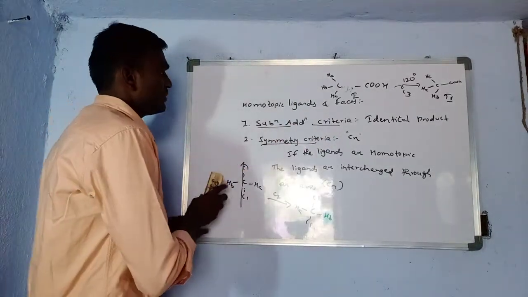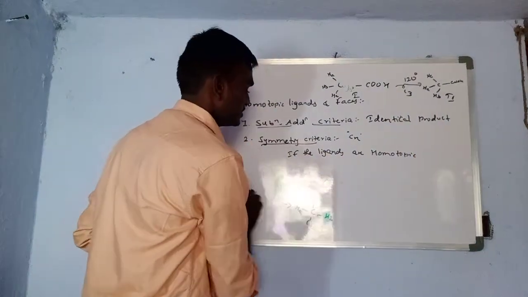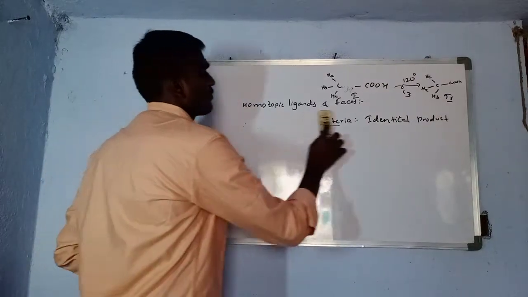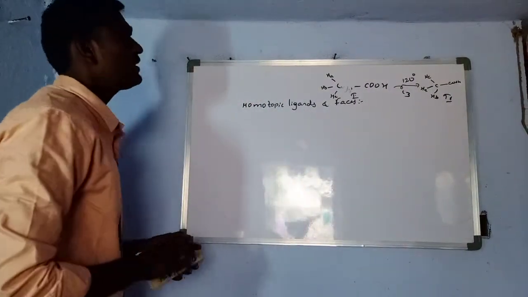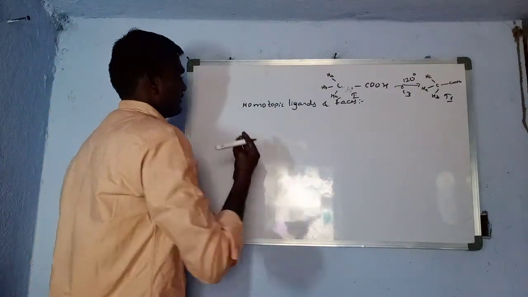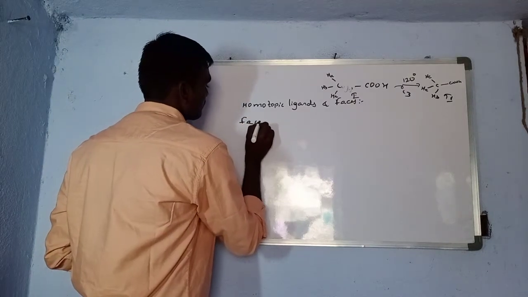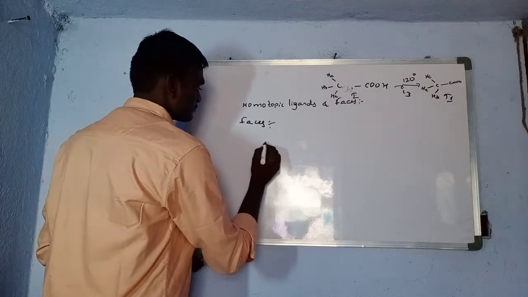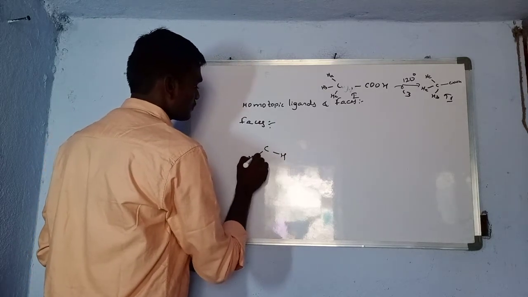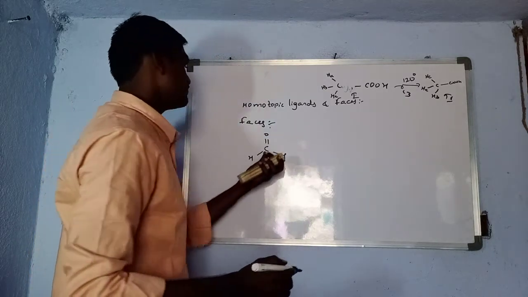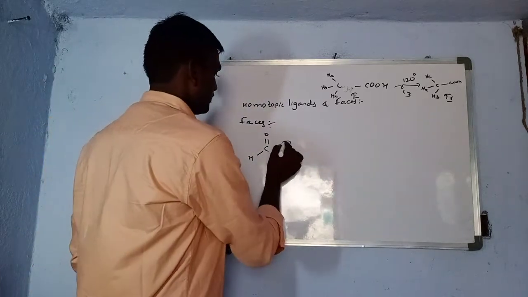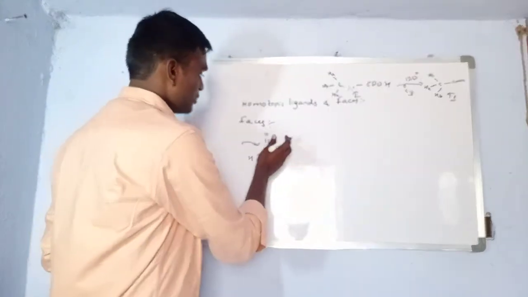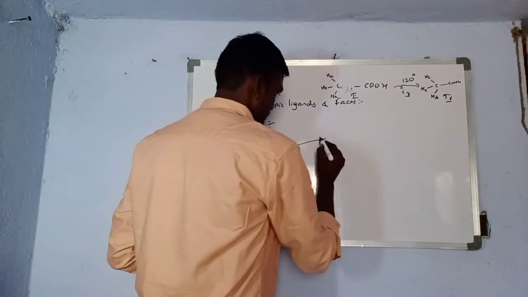Next one, homotopic phases. Let's take an example here. This is formaldehyde. Formaldehyde has two phases, the right phase and the left phase, or the above and below phase.